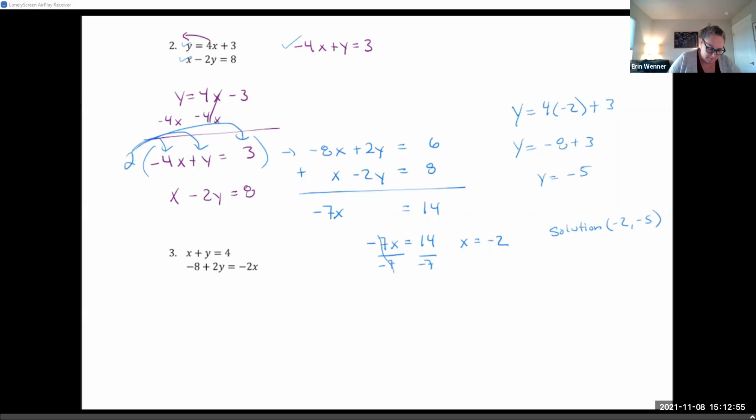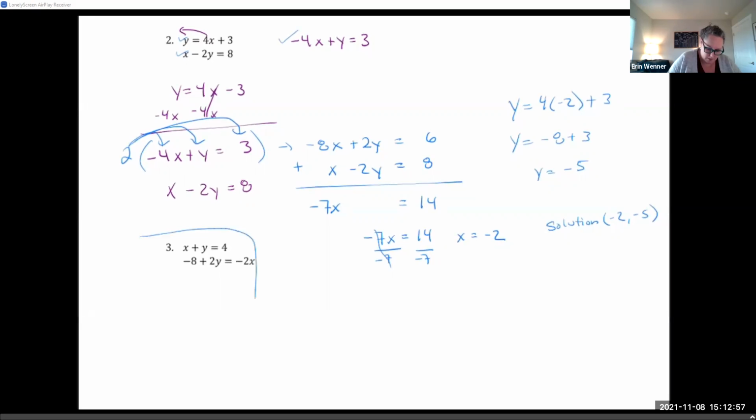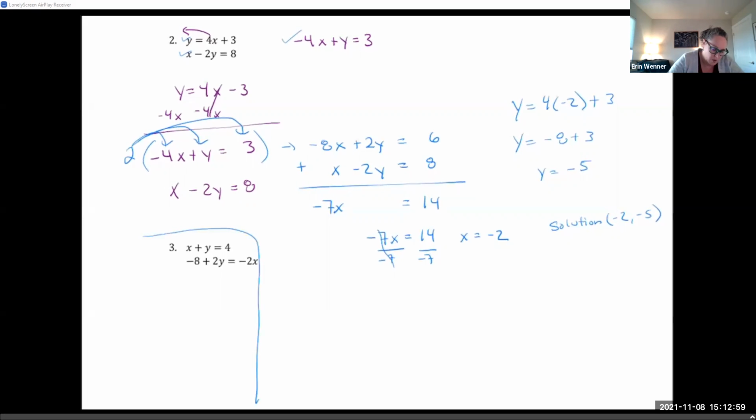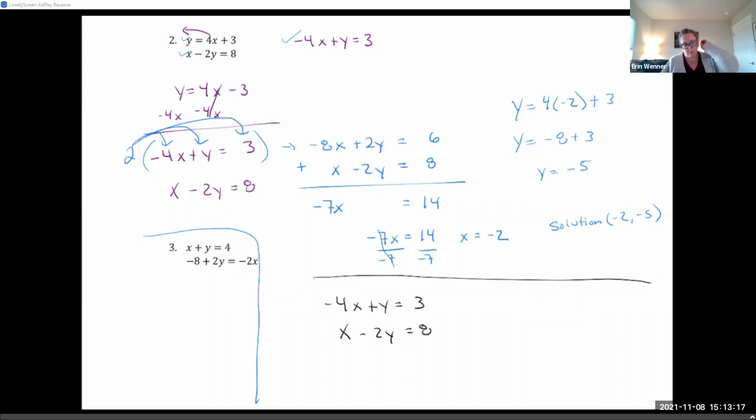Before I do number 3, I want to show you that it doesn't matter which variable you cancel out first. So remember I had negative 4x plus y equals 3 and x minus 2y equals 8. And I chose to multiply the first equation by 2, right?